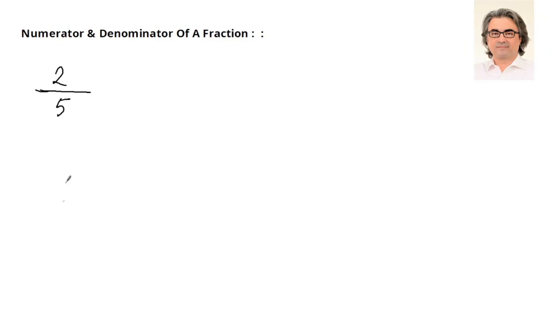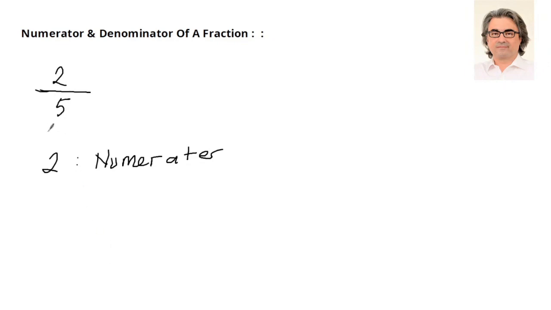Okay. Now the number on the top is 2 here, so 2 is our numerator. And the number on the bottom is called the denominator.